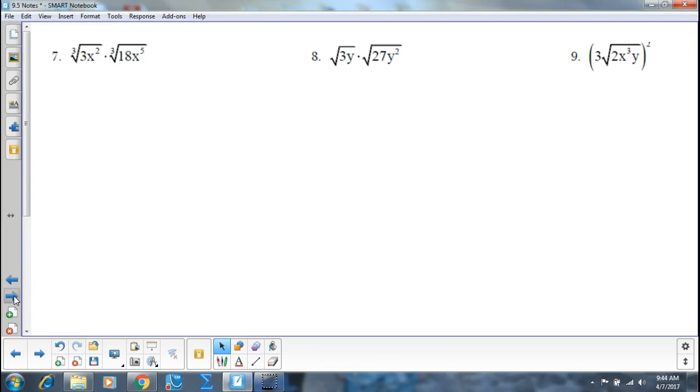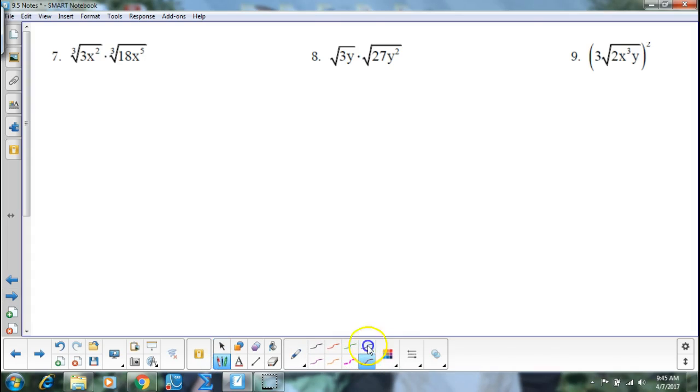So you guys do 7, 8, and 9. How you want to do 7? Combine them all into one? Or keep them small? Keep them small? Okay. So then this would be the cube root of 3 times the cube root of x squared times the cube root of 3 times the cube root of 3 times the cube root of 2 times the cube root of x to the 5th.